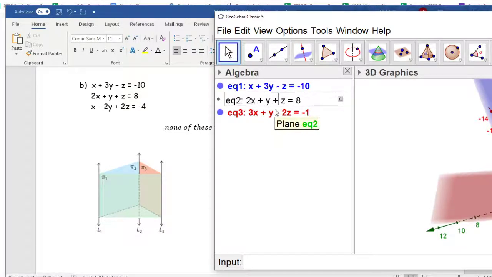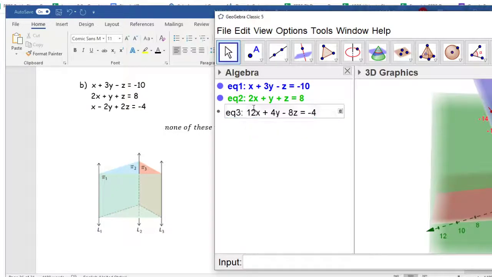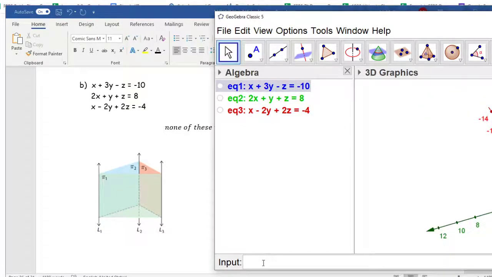Let's just change these so these are fine. And then x minus 2y plus 2z equals negative 4. So again, let's hide them. All right, so anyway, first normal is 1, 3, negative 1.